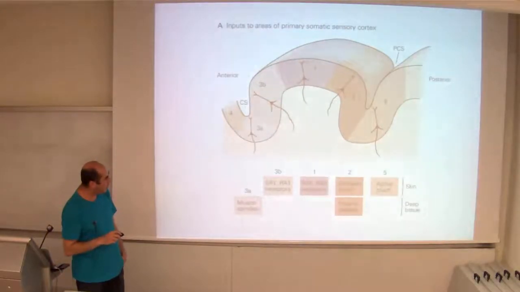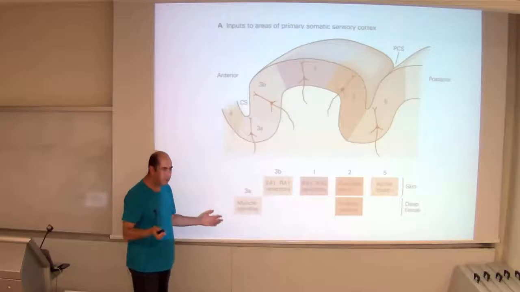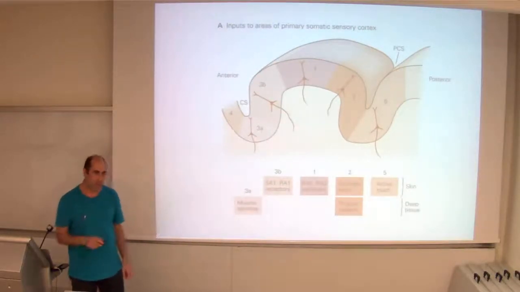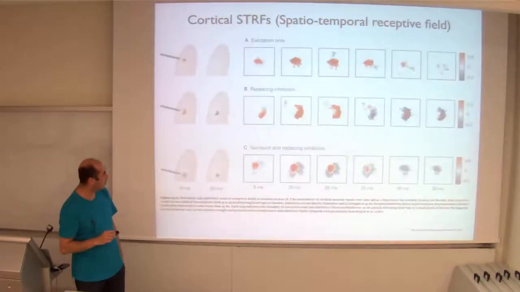These are details: each one of these areas is responsible for a different type of receptor, again in a columnar organization. The somatotopy, as we said, is mapped similar to the visual system, and then inside each one of the areas, it's also subdivided into different types of receptors.